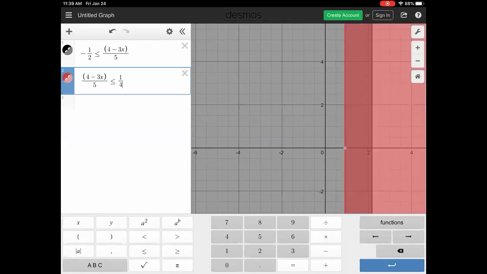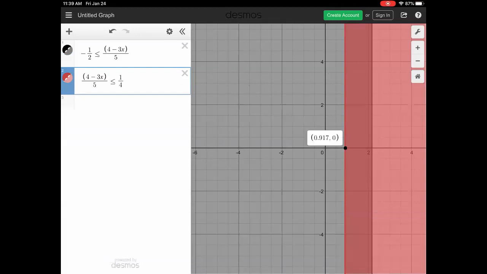You can kind of manhandle it this way and say, well, if I click here, 0.917, which is what we found. Notice that we can look at the overlap, and that's the interval that we want. So pretty fun, right? Really useful to check your work and make sure that you got the right thing.